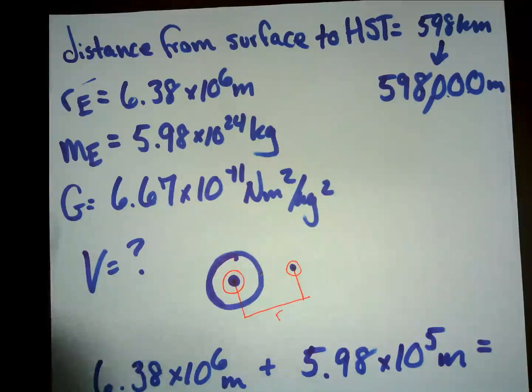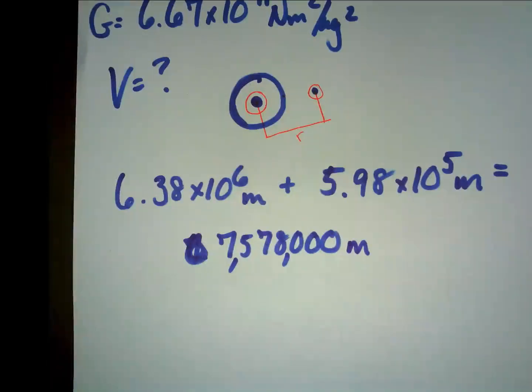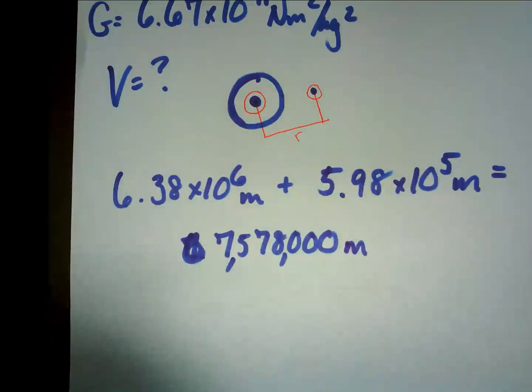Oops, not multiplied by, but added. So that's going to give us 7,578,000, about 7 million meters from the center of the Earth to the center of the Hubble telescope. Okay, so that's our R.